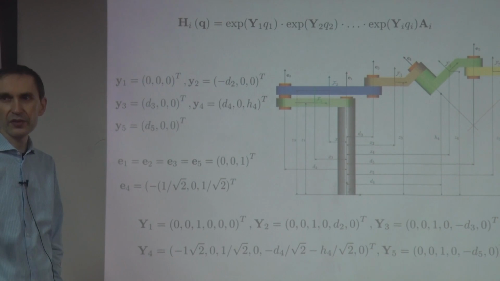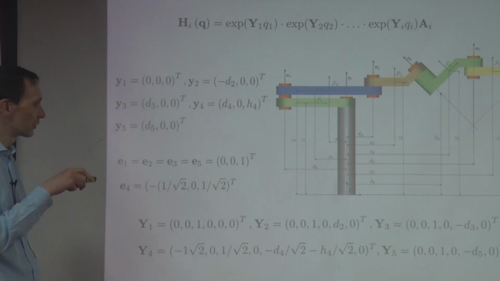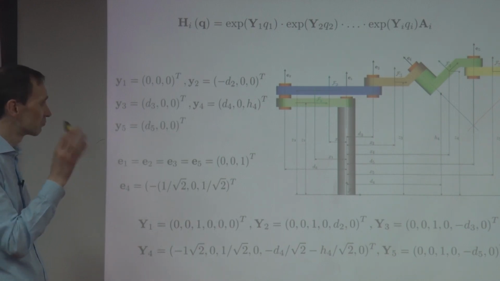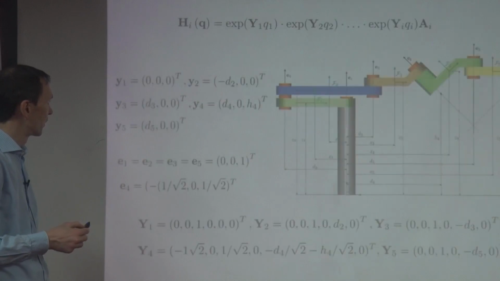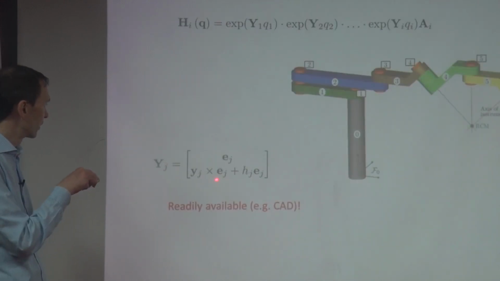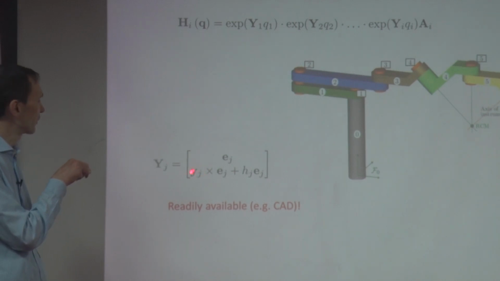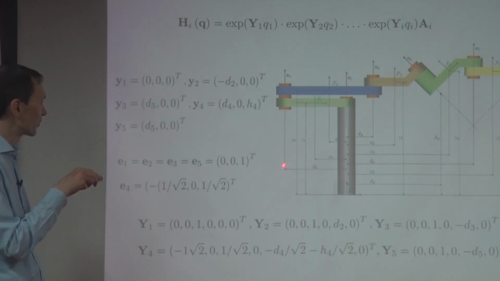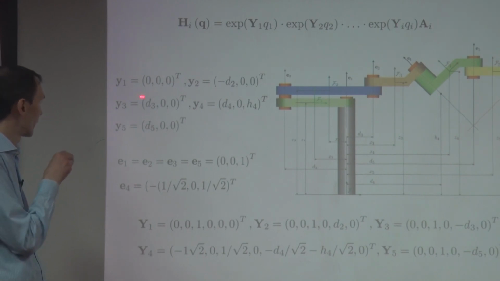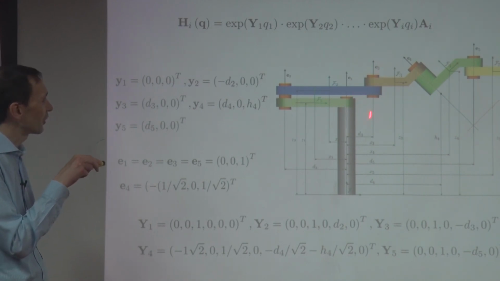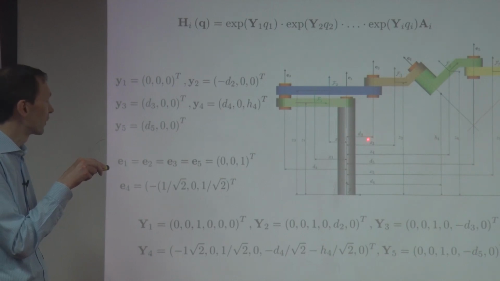We discussed it yesterday. When you move along the axis, the cross product doesn't change. If you displace y along the axis, which means you add a term with the same vector e, the cross product cancels out, so you can take any point, and that's why I use this one with the 0 in the z direction. Then y3 is here, so you measure d3, and so on.